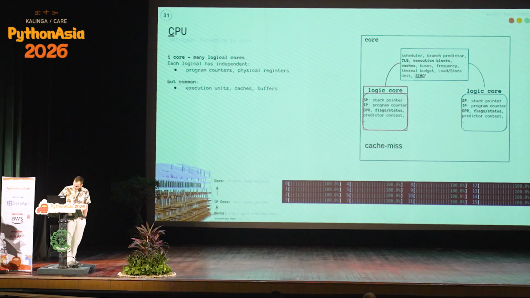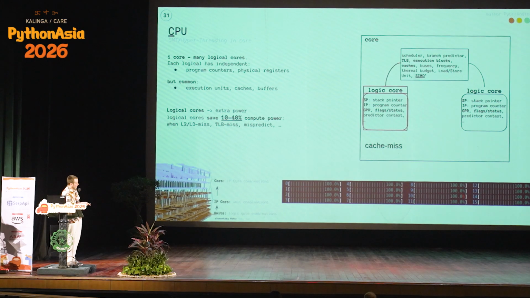It can save from 10 to 40% of compute power. It means one logical core misses data, the data is searched for in caches and in memory where it's located, and the other logical core starts supplying data. This is called a cache miss for one logical core.